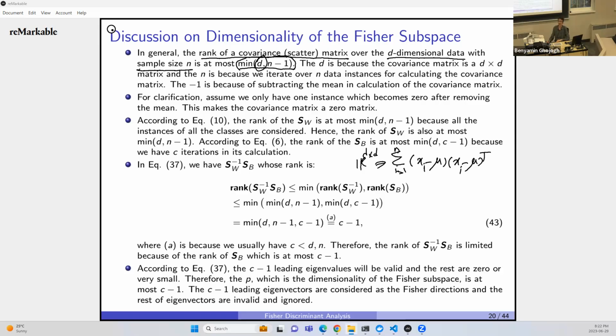It's at most n. Why? Because I have a summation of n terms, in each of which, what is this matrix? What is the rank of this matrix inside the summation? Guys, please answer me. What is the dimensionality of x minus mu?